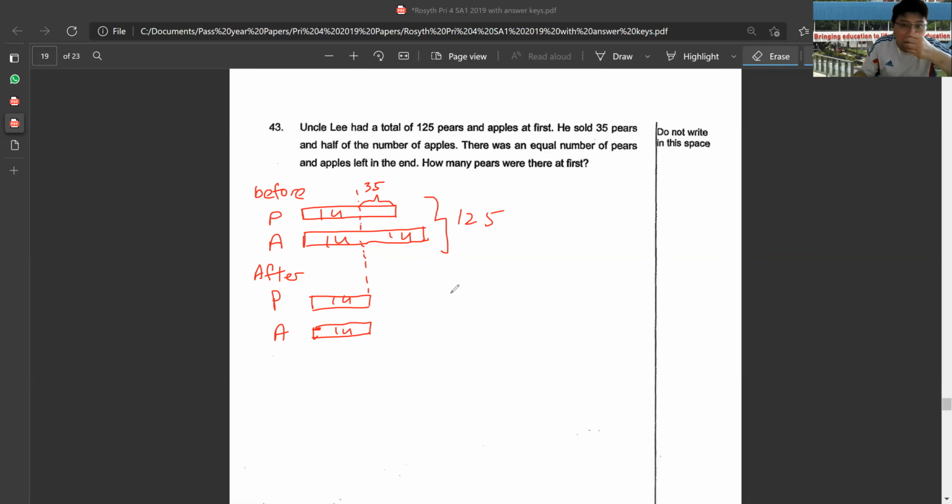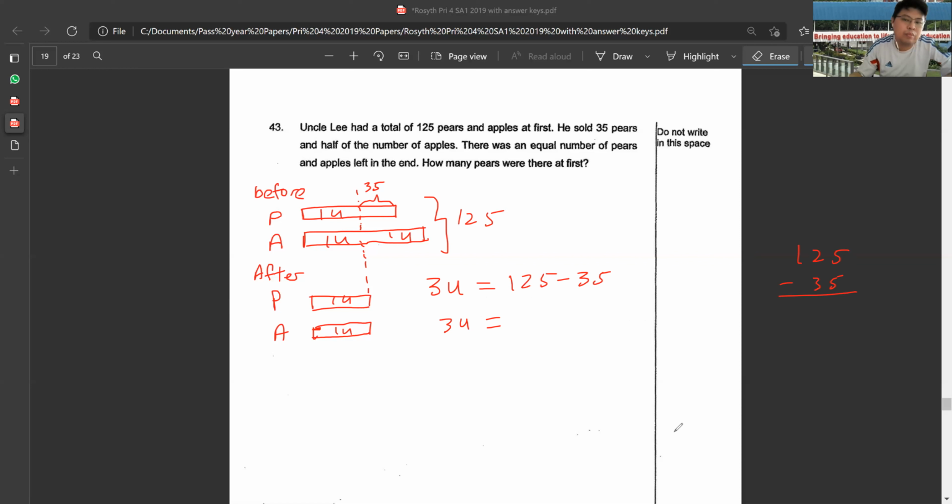Now you tell me, 3 units plus 35 is how many? 3 units equals 125 minus 35, through the model. 125 minus 35 is how many? You do your working.